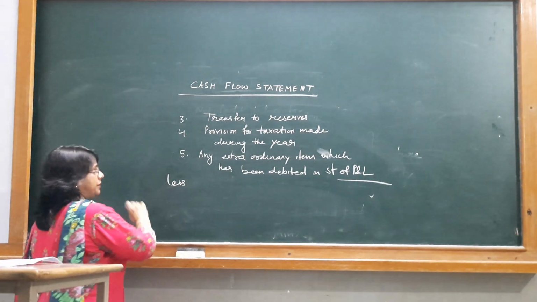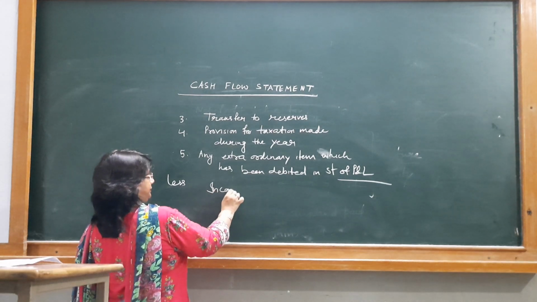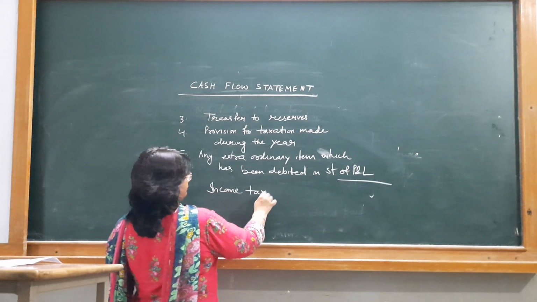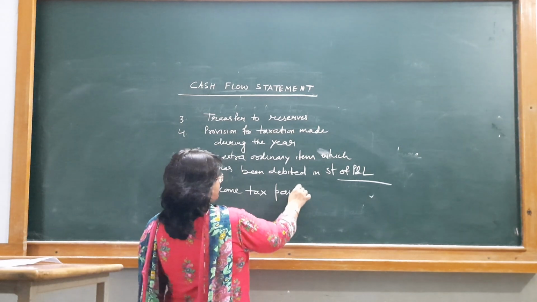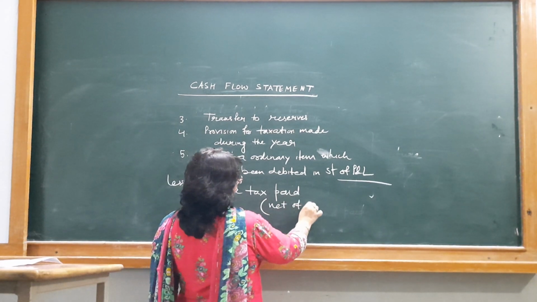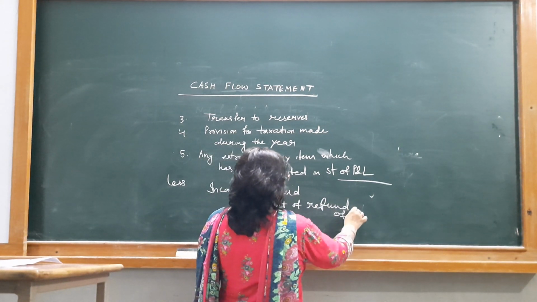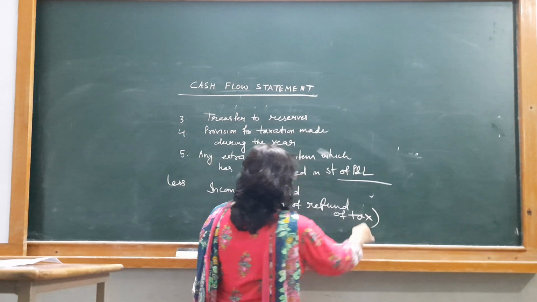And what you have to subtract here is income tax paid. Out of income tax paid, you will subtract refund of taxes. Sometimes in the question it is given that there is a refund of income tax.